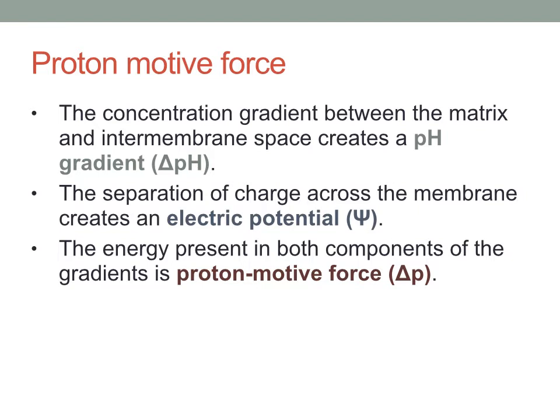It will also make a gradient of charges, because protons are positively charged, so it will create an accumulation of plus charges in the intermembrane space, so a difference of charge, and this can add up to the gradient of pH and together create a real force, and this is what is called the proton motive force. It is abbreviated delta P, to be calculated by experts. We won't do that in the course.